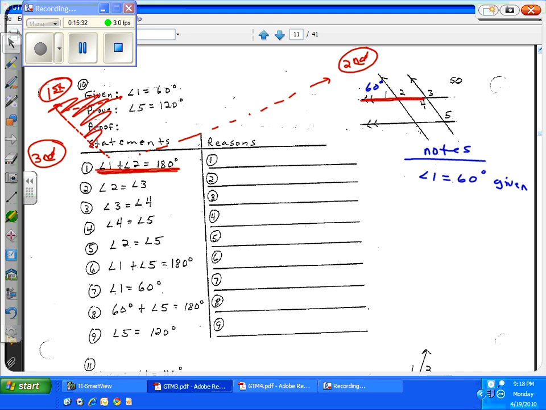Can we see in the diagram that angle 1 plus angle 2 is equal to 180 degrees? Well, we can. What did we see in the picture? Well, we saw that a straight angle is 180 degrees, and what we call that is the definition either of a straight angle or the definition of a linear pair.